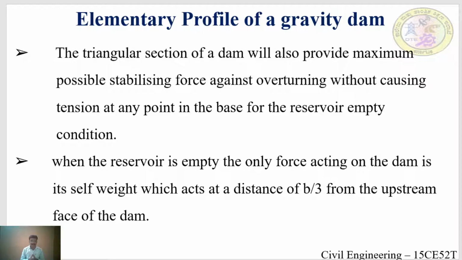When the reservoir is empty, the only force acting on the dam is its self-weight, with no water pressure. Hence, the resultant acts at a distance B by 3 from the upstream face of the dam.